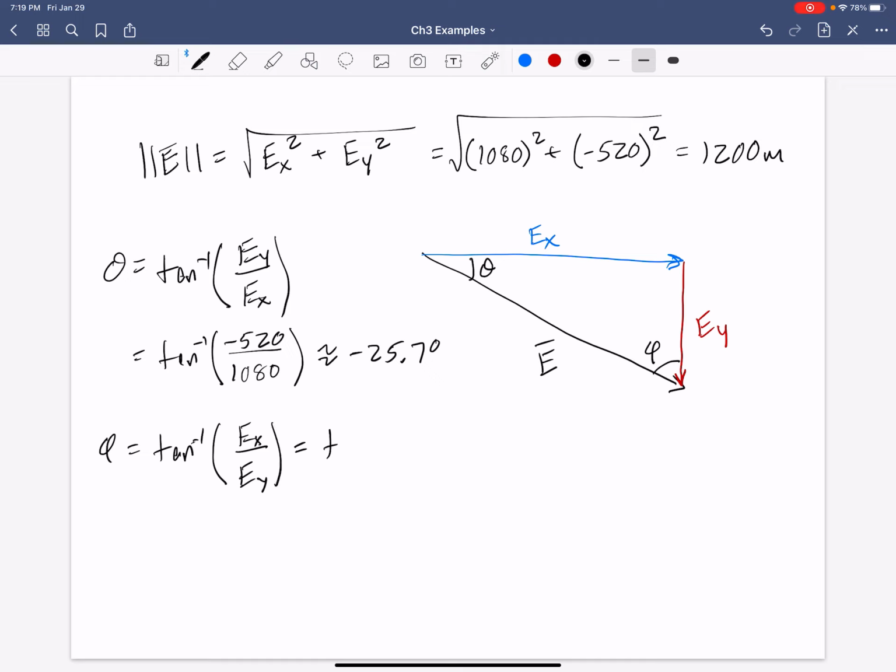So inverse tangent now of 1080 over negative 520. If you do this calculation, I bet you'll get the component. So it's equal to 90 minus 25.7, which is 64.3.